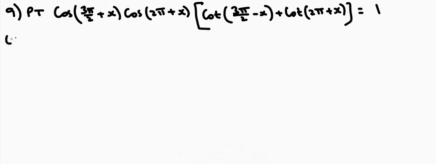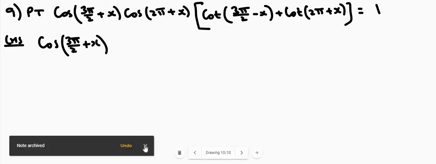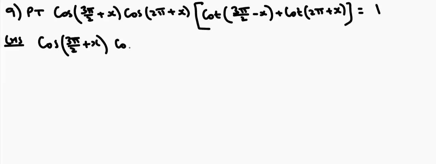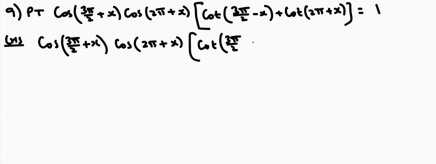Take the LHS. Cos 270 + θ, that is cos(3π/2 + x), cos(2π + x) whole into cot(3π/2) is 270 − x plus cot(360 + θ).